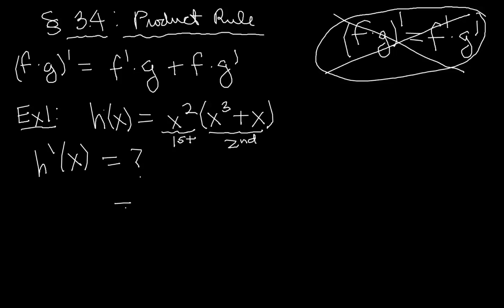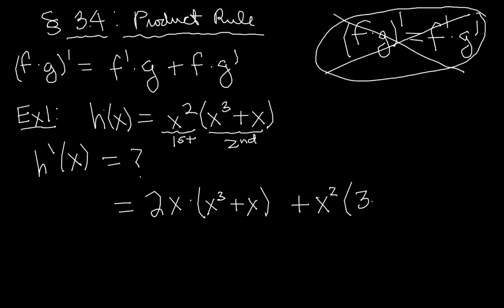Well, it's going to go like this. Derivative of the first, there it is, times the second. Do nothing with the second. Plus the first times the derivative of the second.